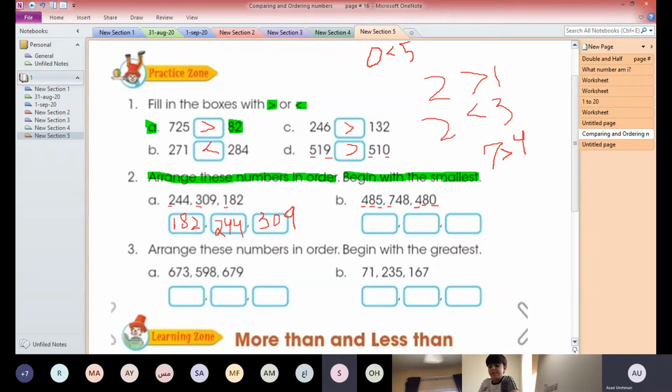Okay. I am doing with here. Like 0 is less than 5, so I will write here 480. Then the second number 485.